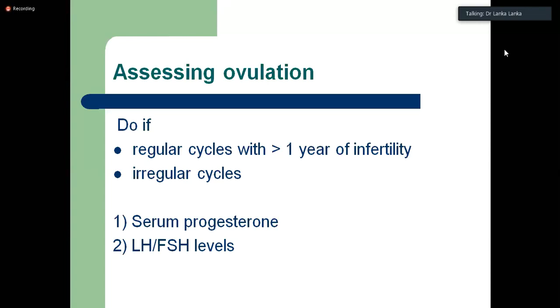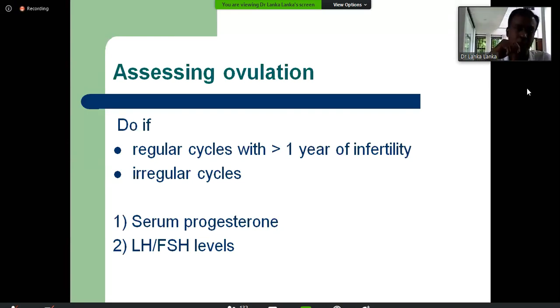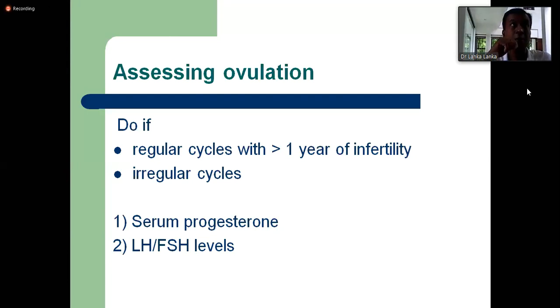And then mid-cycle pain, though you get mid-cycle pain in only 10% of people. Mid-cycle pain is one of the good evidences that a woman is ovulating. Those are the three things in the history by which you understand that a woman is ovulating.